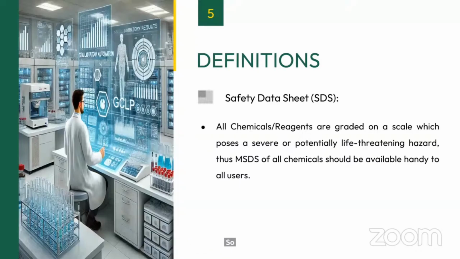You should have complete knowledge of those chemicals, those reagents. Now there is a common protocol. Acids and alkalis should not be stored at a single place. Acids should be stored separately, alkalis should be stored separately, because if by accident there are some leakages or some breakages in the bottles of the acid or alkali, they will react and form a very strong exothermic reaction. So to avoid that, they should be appropriately stored.